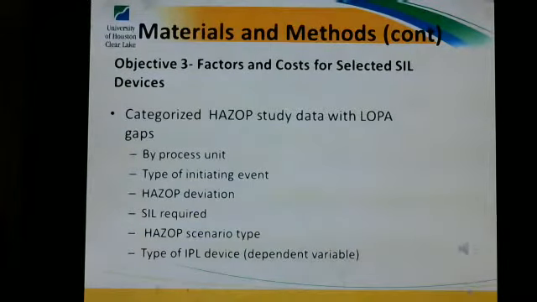For those types of scenarios, we categorized by the process unit, the type of initiating event, the HAZOP deviation, the SEAL required, which is the amount of risk reduction required, the type of HAZOP scenario, and then finally the dependent value, which is what we're trying to predict, the type of IPL device.